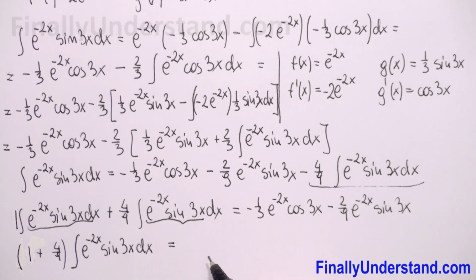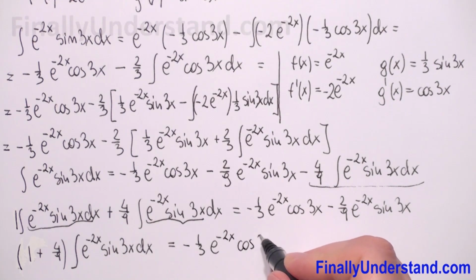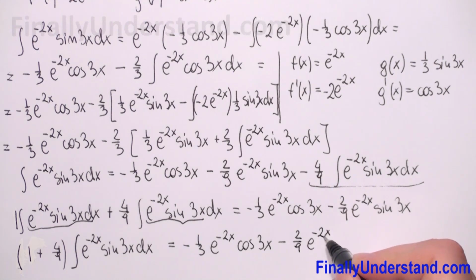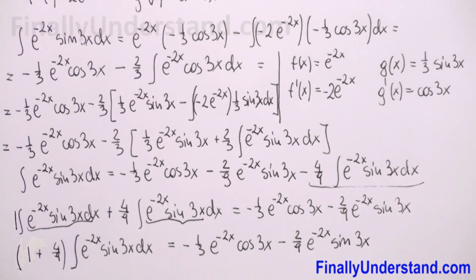And we just copy the right side: negative 1/3 e to the power negative 2x cosine 3x minus 2/9 e to the power negative 2x sine of 3x.